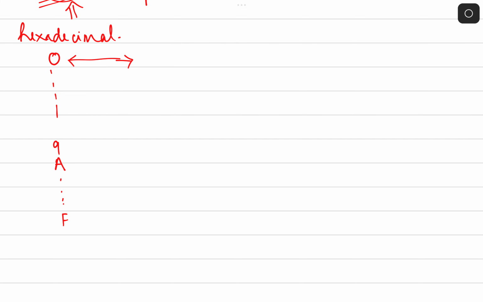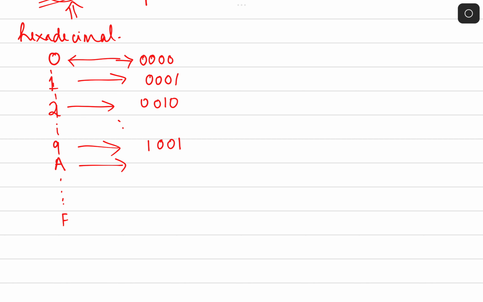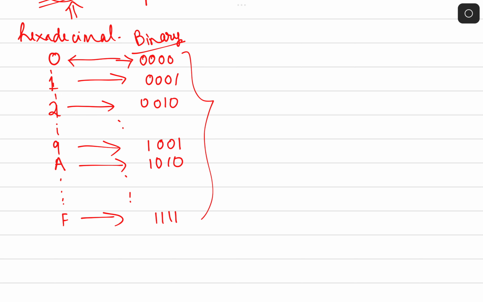So hexadecimal 0 is represented in binary by 0000, 1 by 0001, 2 by 0010. Likewise, we can represent 9 as 1001, A as 1010, and F as 1111. This is the binary representation of hexadecimal numbers.